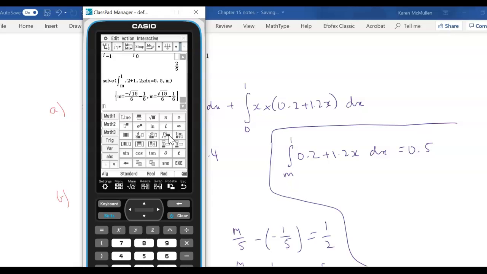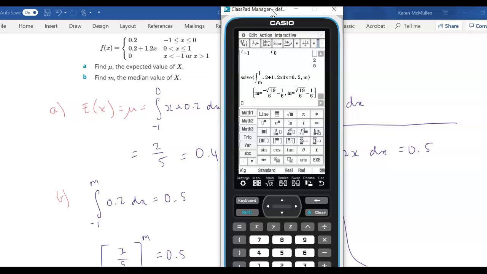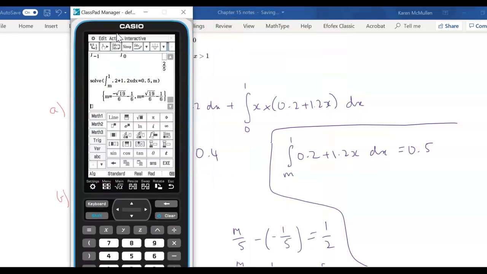Okay, so we've got, now this would be good to do by hand, and the textbook actually does it by hand. We've got 2 solutions. All right, so we've got m equals this and m equals that. If we're doing this by hand, we know the solution has to be between 0 and 1. So our first solution, where we've got negative root 19 over 6 minus 1 on 6, clearly that's going to be negative.